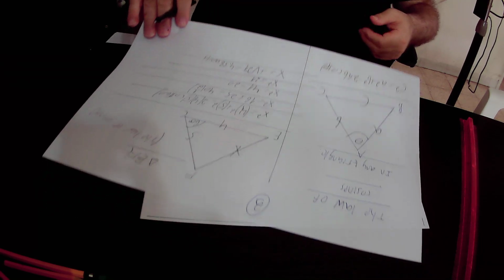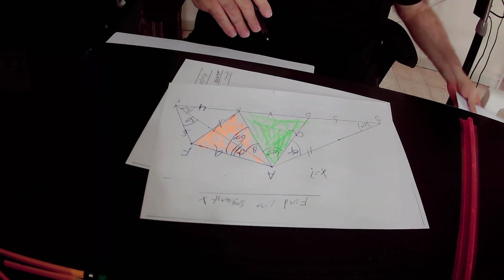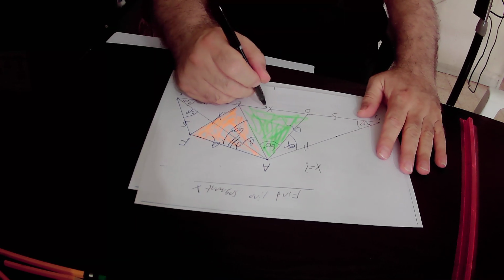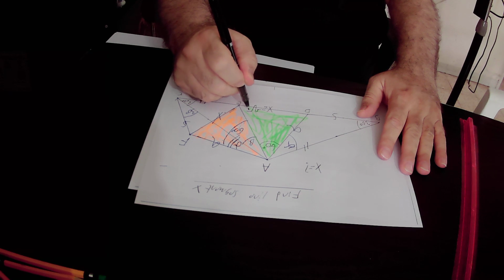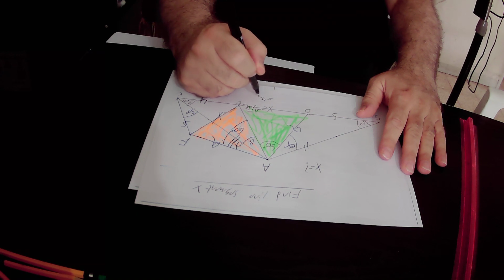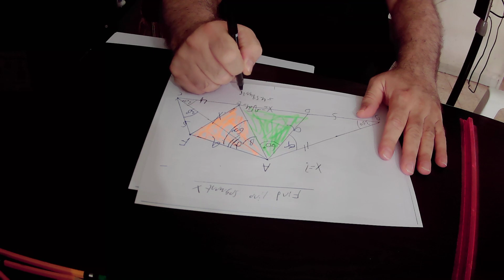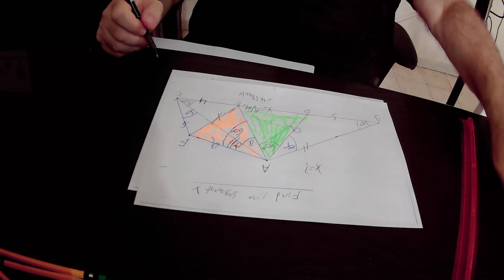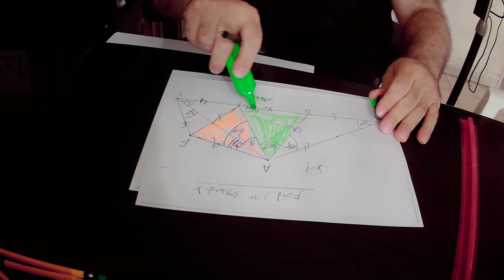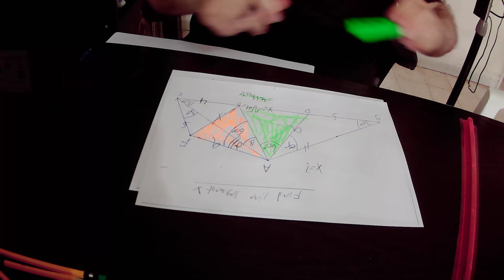So x equals the square root of 21, or approximately 4.58 units. Okay, so we finished with the first question. In the next step, I will present to you the second question.